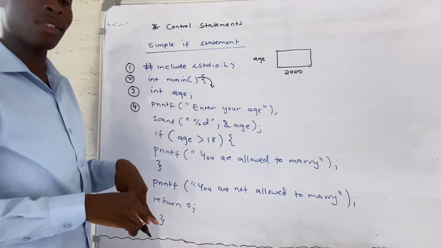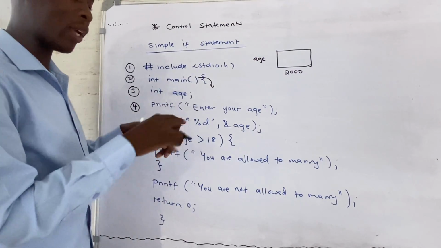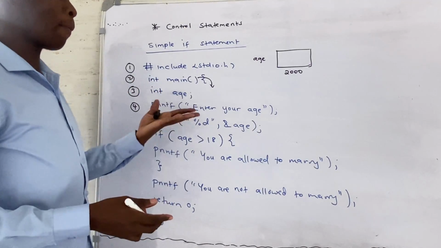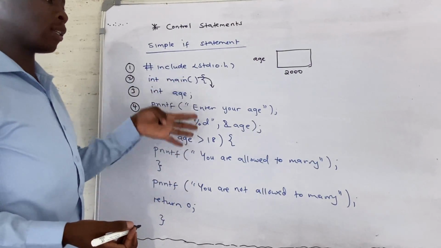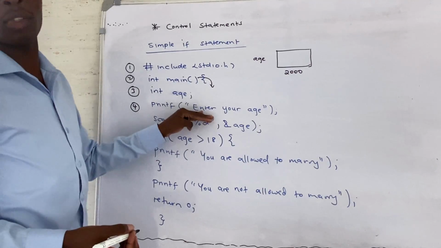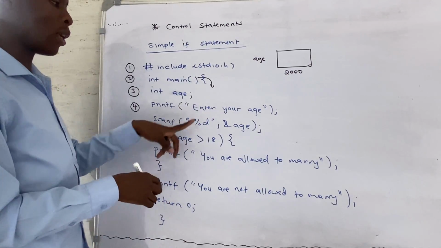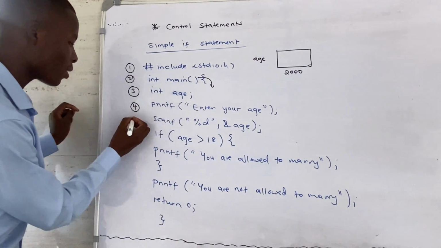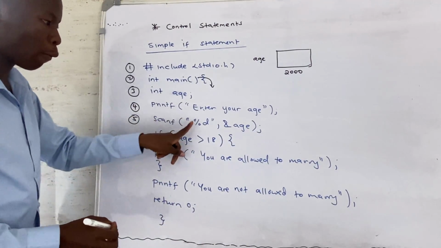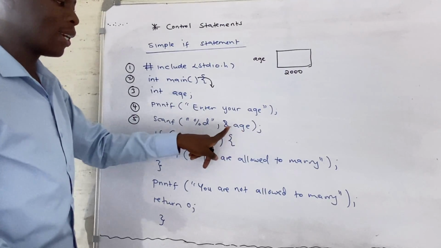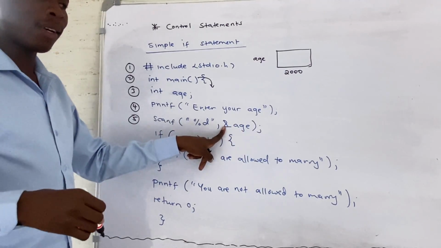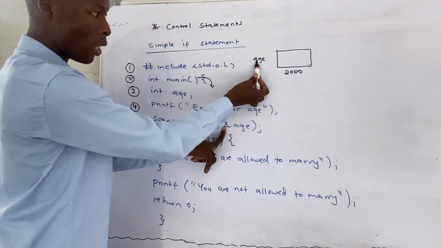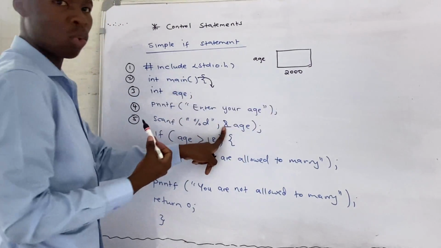So this is an instruction now. The compiler is telling you to enter your age. Suppose your age is 20. So you enter your age, 20. This scanf percentage d ampersand age is directing the number that you have entered to the variable age, whose address is 2000.